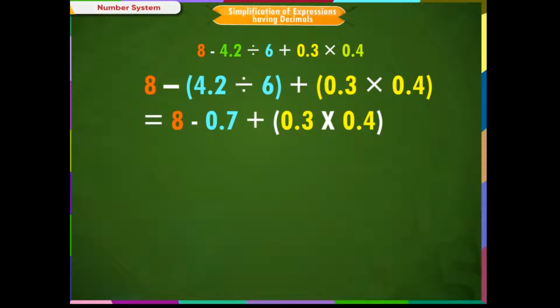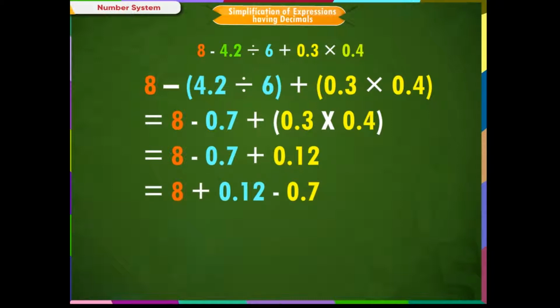Next, multiplying, that is 0.3 into 0.4 is equal to 0.12. We get 8 minus 0.7 plus 0.12. Then, adding 8 and 0.12 is equal to 8.12. Our equation becomes 8.12 minus 0.7. Lastly, we subtract 8.12 and 0.7 is equal to 7.42.